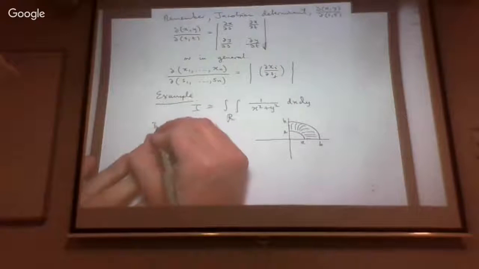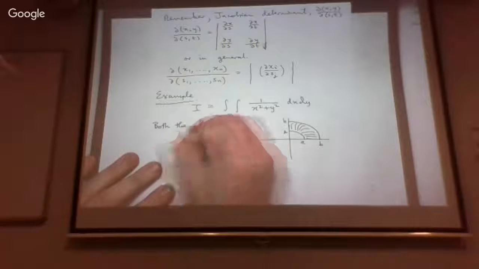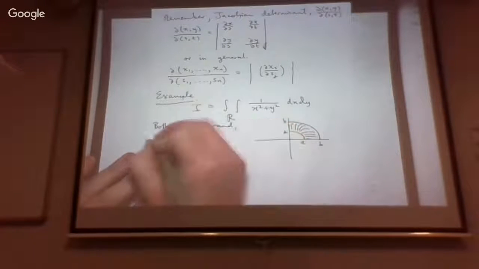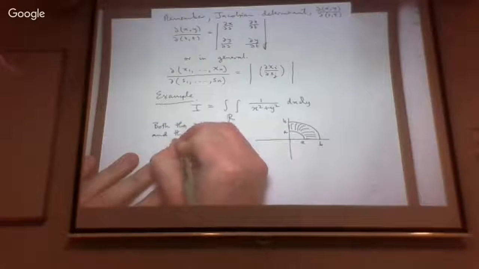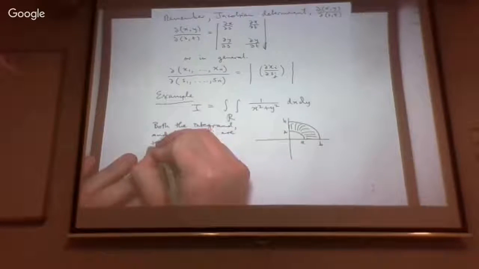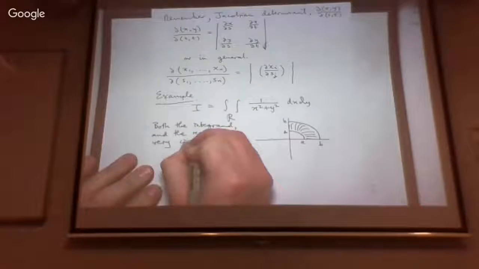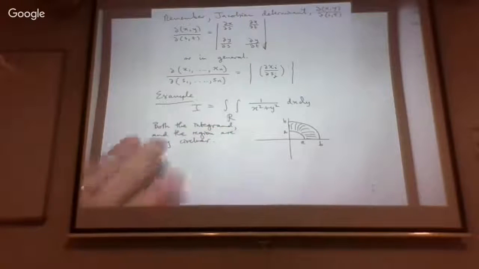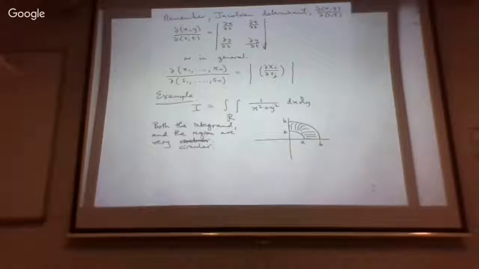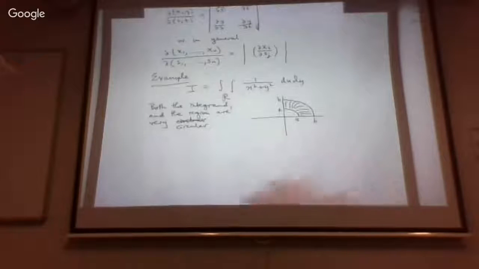So both the integrand, remember the integrand is the function you're integrating, both the integrand and the region here are very circular. Okay, they're kind of round. So the Cartesian coordinates is bad. Cartesian coordinates is kind of boxy, not appropriate for this.